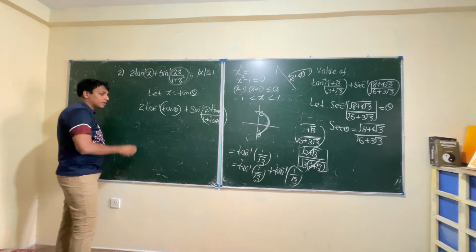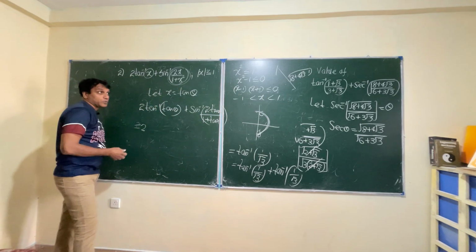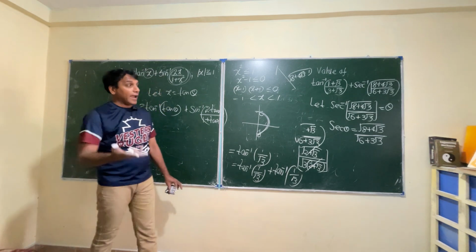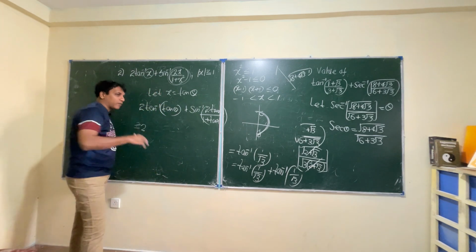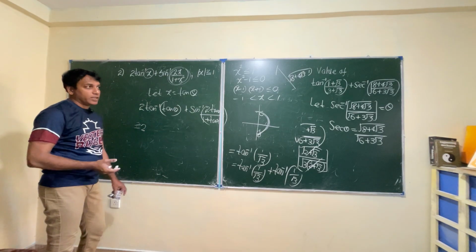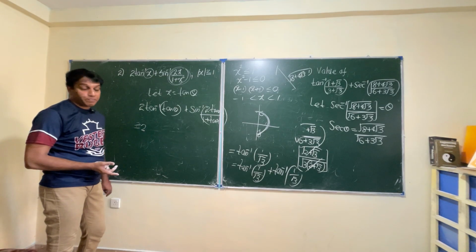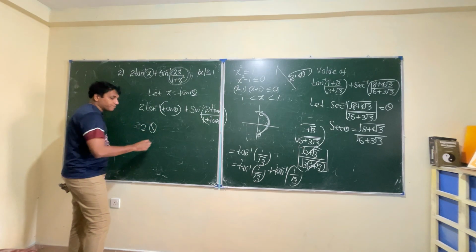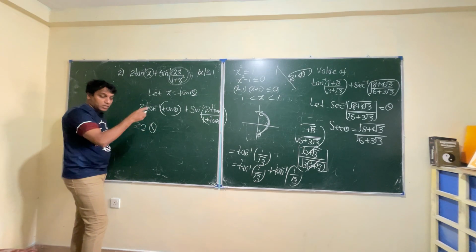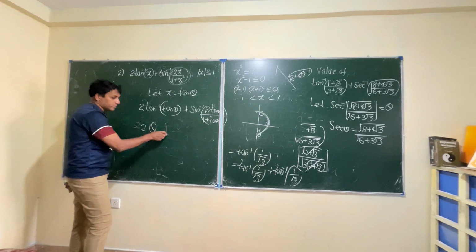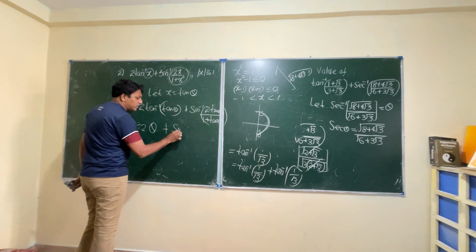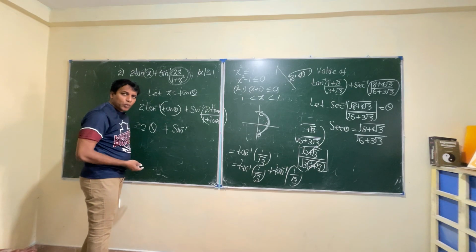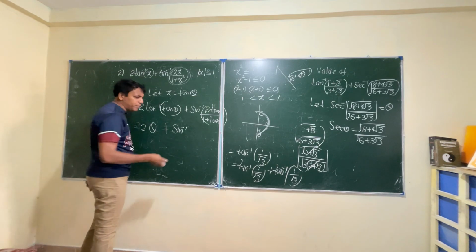Those who learn this, it is a suitable question for grade 12, grade 13, juniors, seniors of advanced mathematics, because these parts are grade 12, the beginning levels of trigonometry, but a final exam question. 2 tan inverse tan theta is 2 theta, because the principal value is x. Sine inverse of what? 2 tan theta over 1 plus tan square theta, double angle formula.